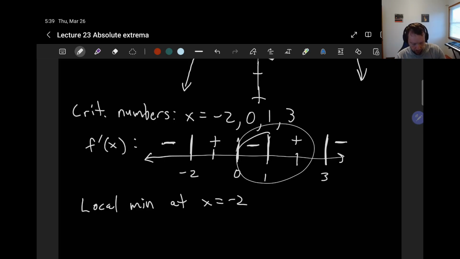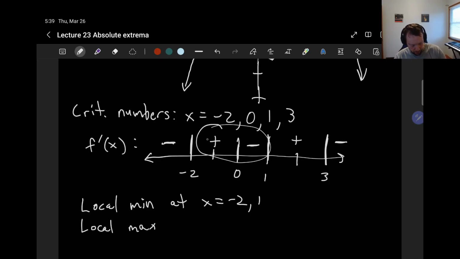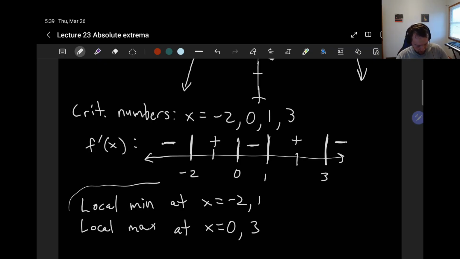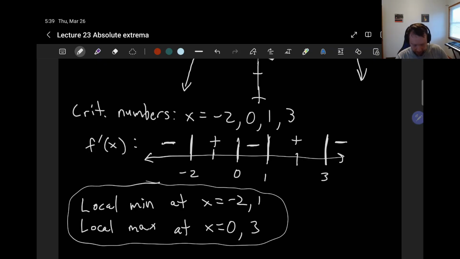Same thing over here at around 1. And we have a local max when we're going from increasing to decreasing. We also have it at 3 here. So we can determine all this stuff just based on the graph of f prime of x.